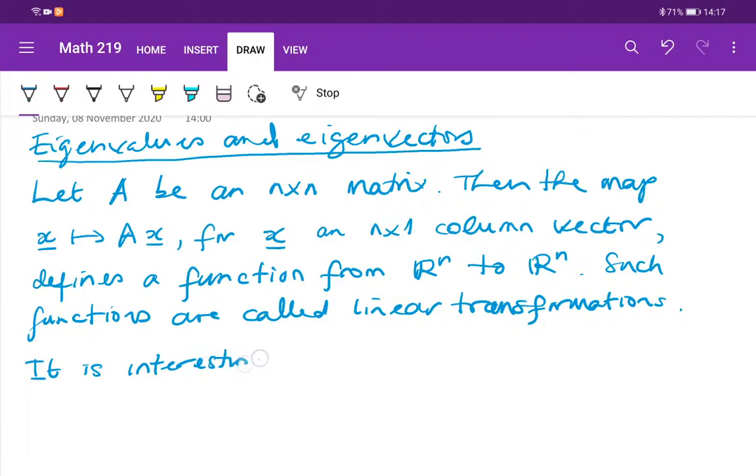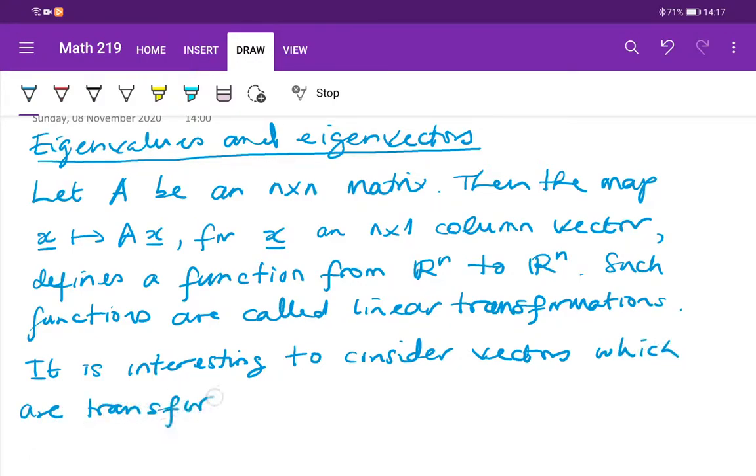to consider vectors which are transformed to multiples of themselves.